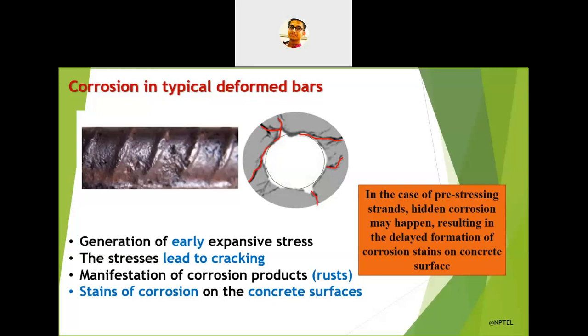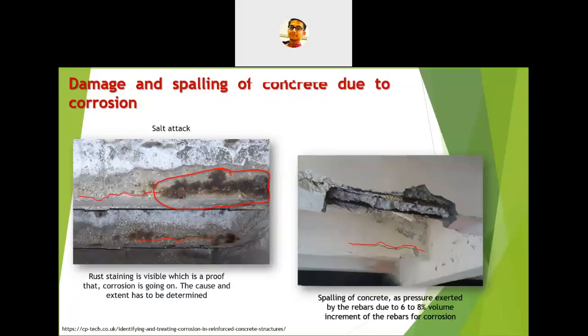You have to judge immediately that the corrosion started long before. I will show you this mechanism in a future webinar, where we'll discuss corrosion in pre-stressed concrete systems in detail.